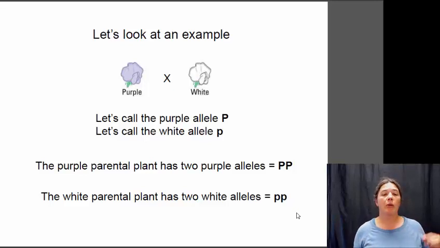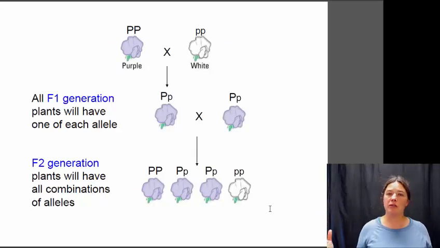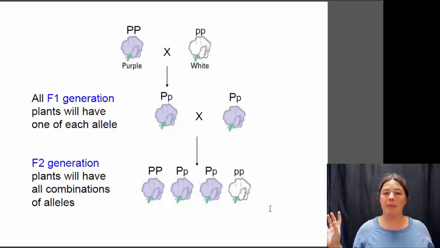So we got 2 parents here. We got the big P parent and a little p parent. Big P is purple, little p is white. If we breed the big P parent with the little p parent, we get a population of offspring. We call this the F1 generation.